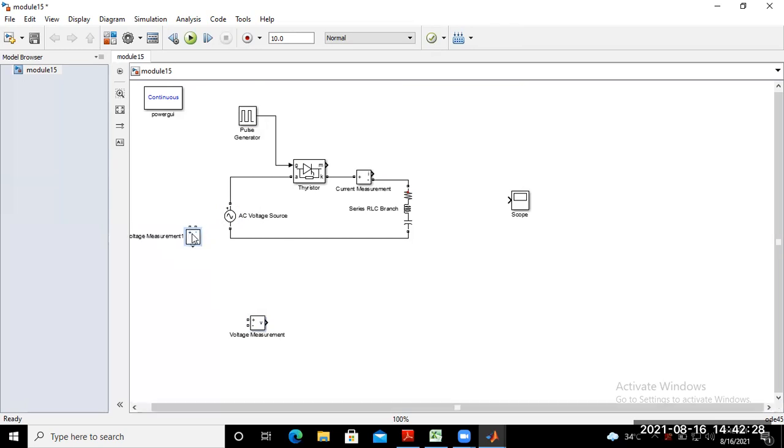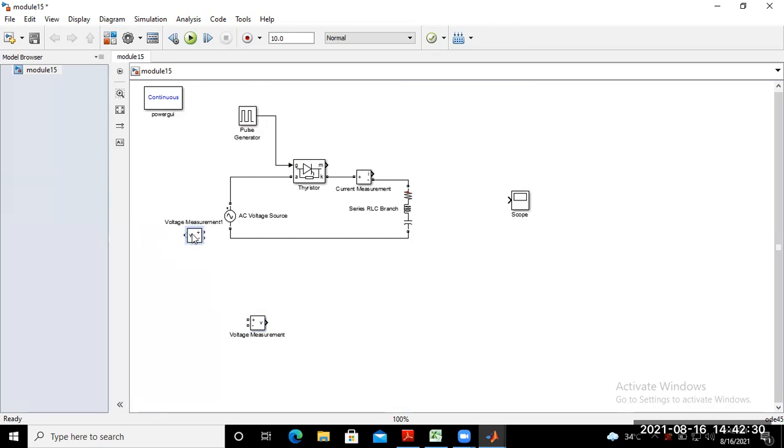Just Ctrl R. Connect from this point to this point, and one voltmeter across the output. So put it here.